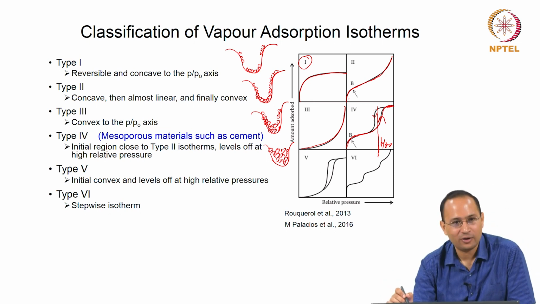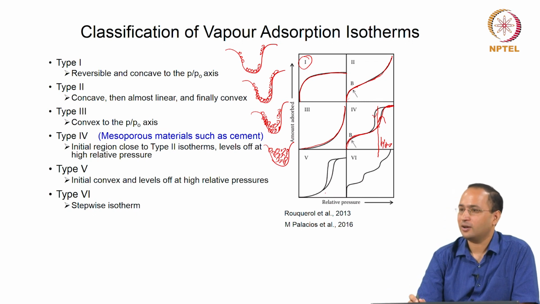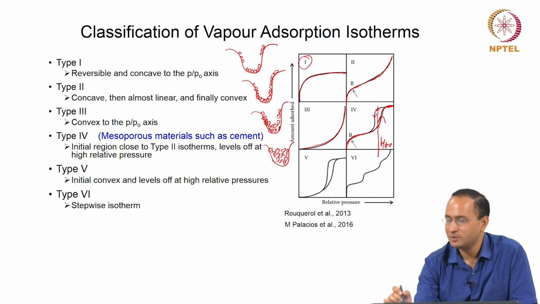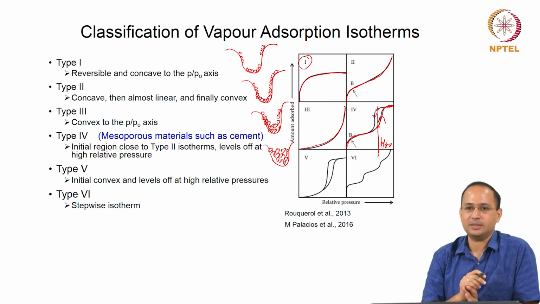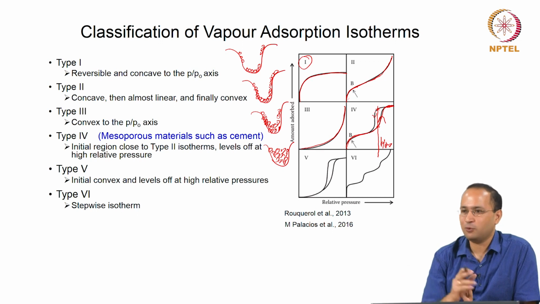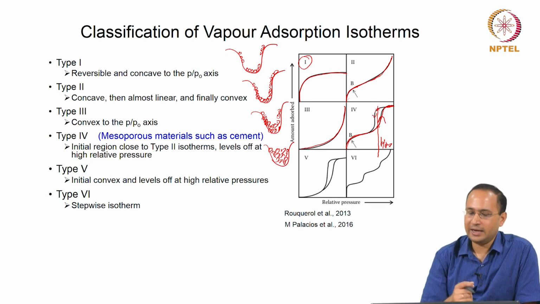When you are on the adsorption branch, your volume adsorbed was this, and when you are on desorption, you have this much volume. This signifies the capillary condensation, and you just have to remember that type 4 is for mesoporous materials, and it is applicable to materials like cements.